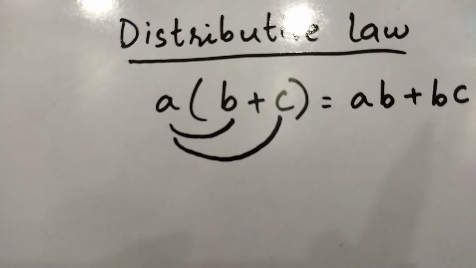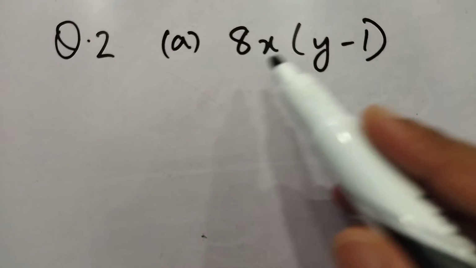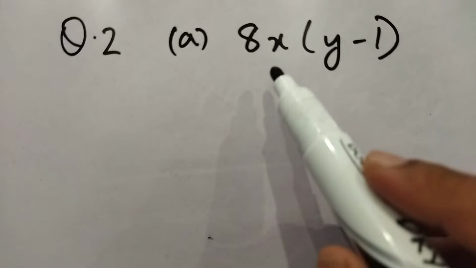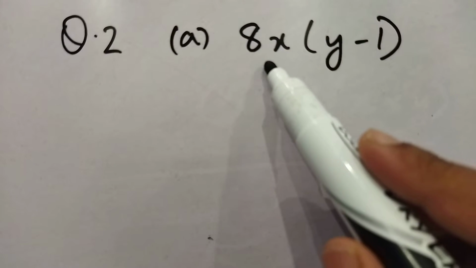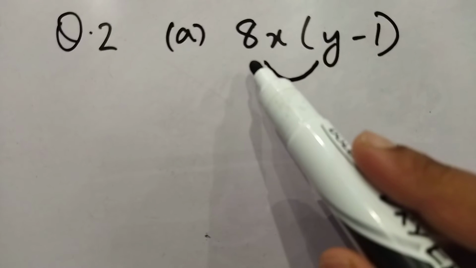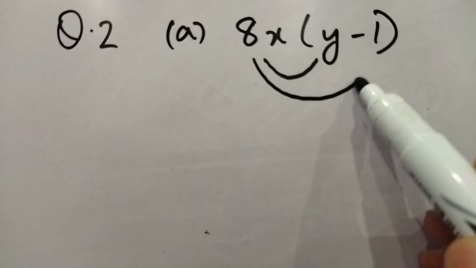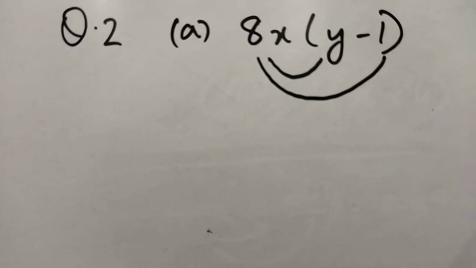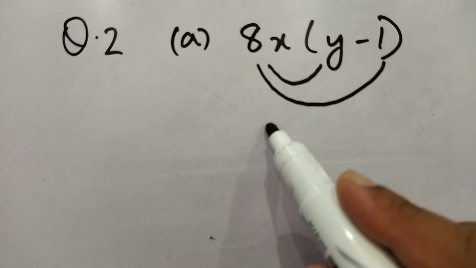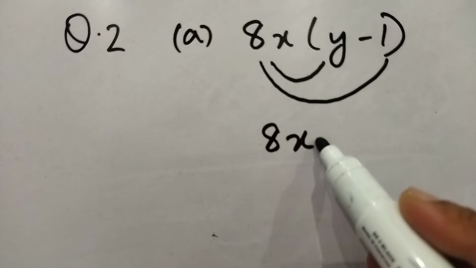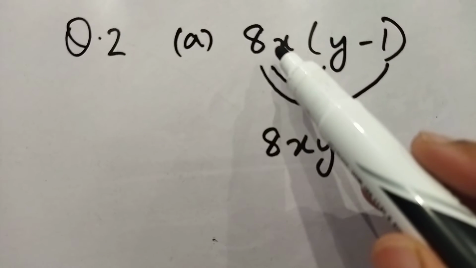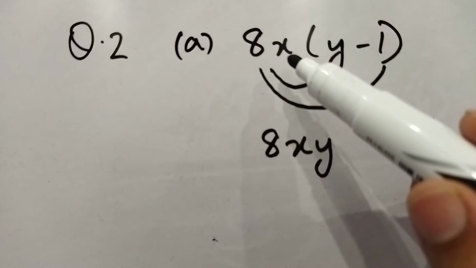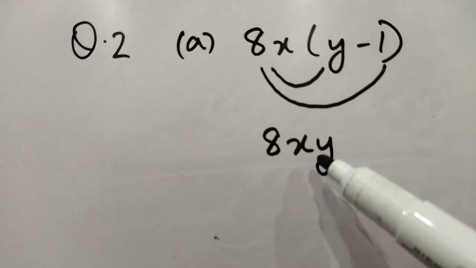Let's see. Here we have 8x multiplied with y minus 1. So first we are going to multiply this 8x with y, and secondly we are going to multiply this 8x with minus 1. Right? So it will become 8xy. When we multiply coefficient 8 with 1, it gives us 8. And when we multiply x with y, it will give us xy.